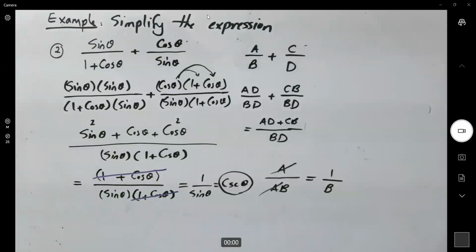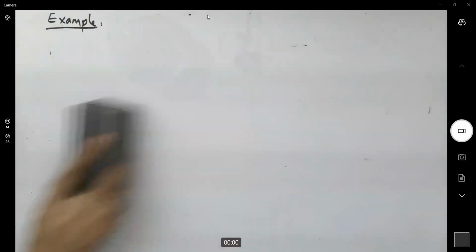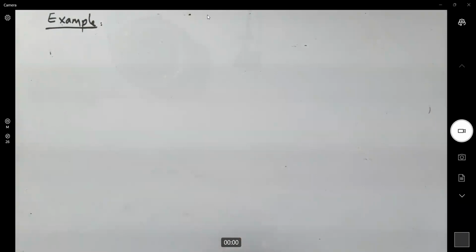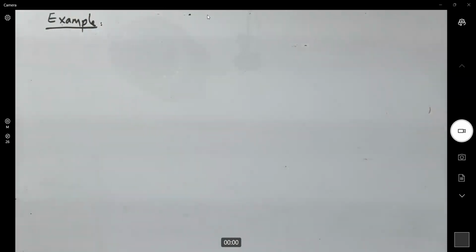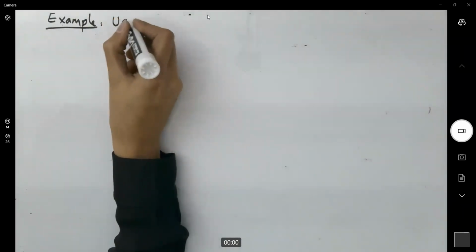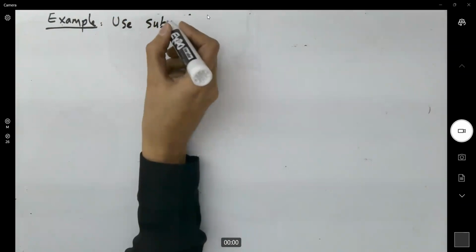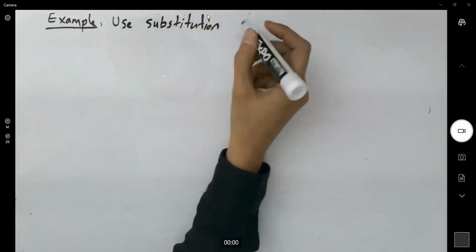Perfect. So let's see, what do we have here before we go to breakout rooms. This example is saying to use substitution to rewrite this as a function. Guys, for those of you who are going to take calculus later, it is important. It says use substitution. What substitution?